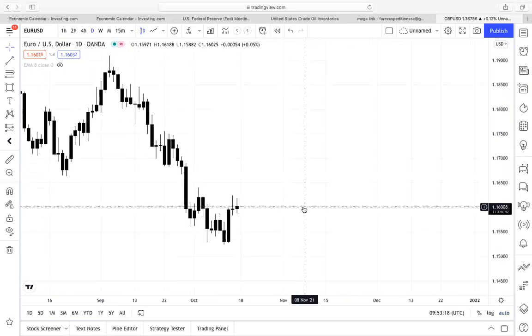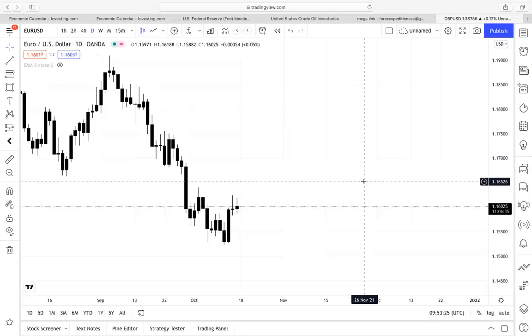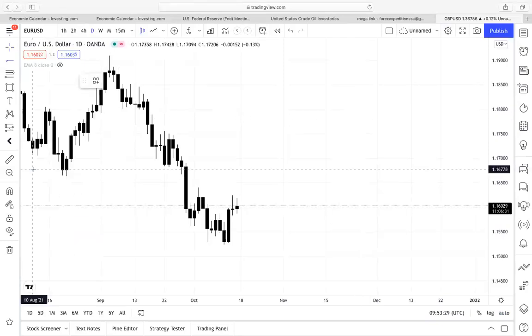First thing to do when you go on a price chart, identify where the price is currently. Where's the price, guys? The price is at 1.16. So that means we're trading between what and what?